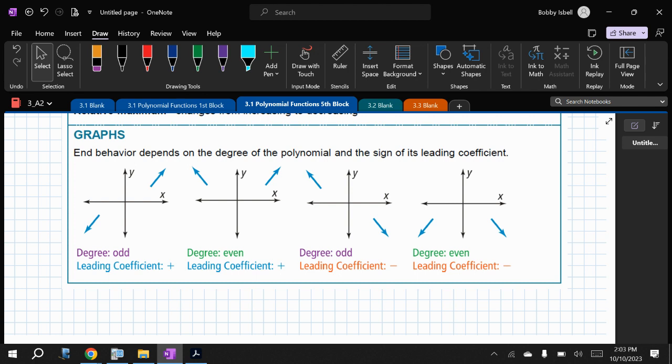So on 18, 19, and 20, all you're doing is putting it in standard form, which means start with the highest power of x and go down, and then name the degree, the number of terms, and the leading coefficient, which we did examples of yesterday. On 21, 22, and 23, it asks you to use the leading coefficient and degree to determine the end behavior.